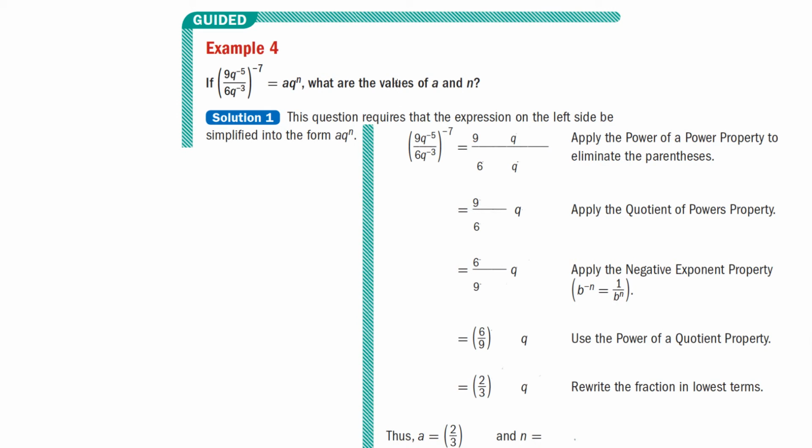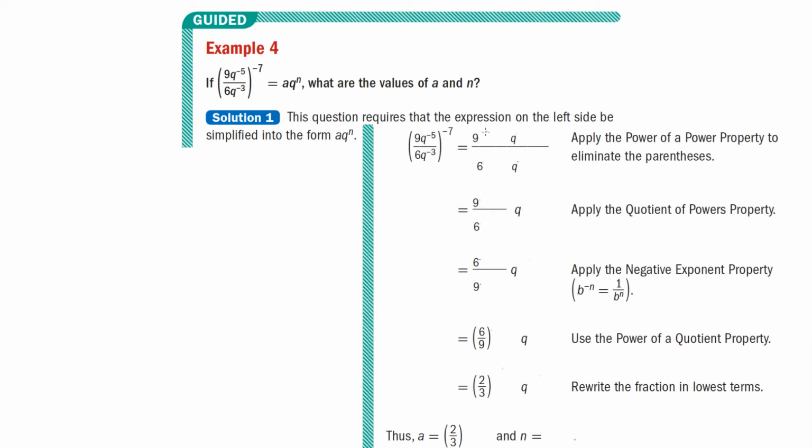This question requires that the expression on the left side be simplified into the form of aq to the n, which means I need to use properties to eliminate parentheses and create a new equation. So this would be 9 to the what power? -7th power.